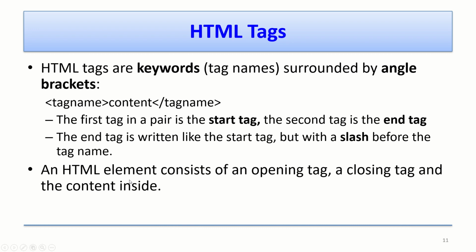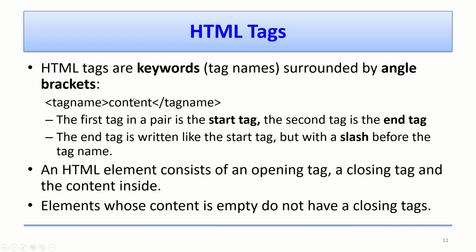An HTML element consists of an opening tag and a closing tag, and in between them we can insert the content. An element whose content is empty doesn't have a closing tag. Let's see those tags later.